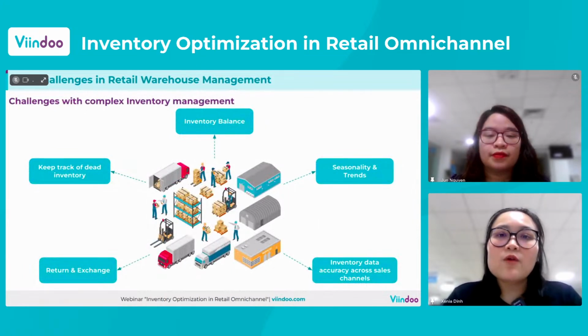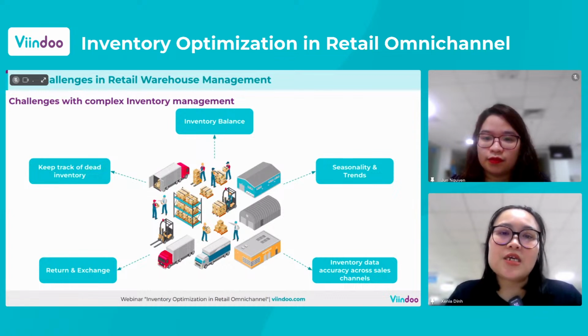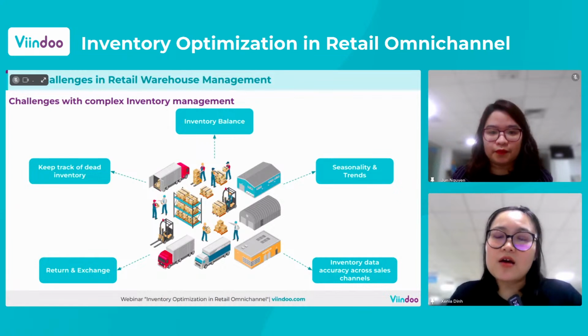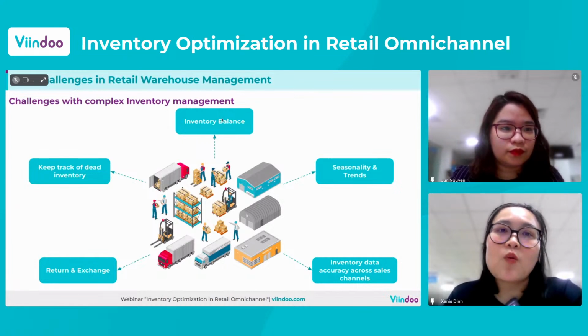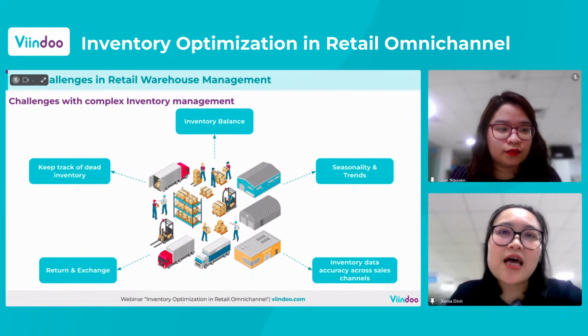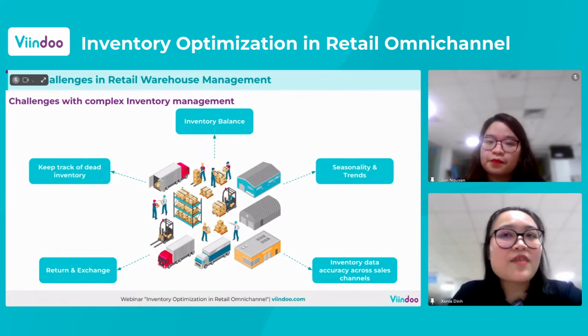In warehouse management, you would have challenges with very complex inventory management. Some typical challenges could be inventory balance, keeping track of inventory, seasonality, returns and exchanges, and inventory data. Let's talk about inventory balance, right? Inventory balance is balancing inventory levels to prevent running out of stock but without overstocking, right?